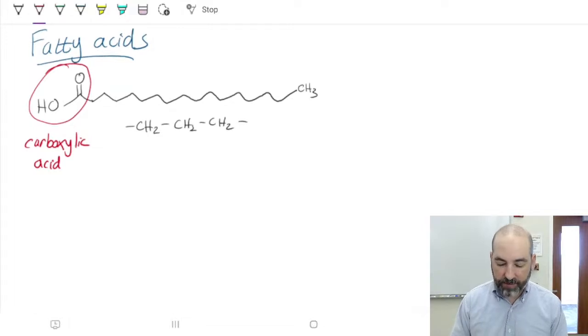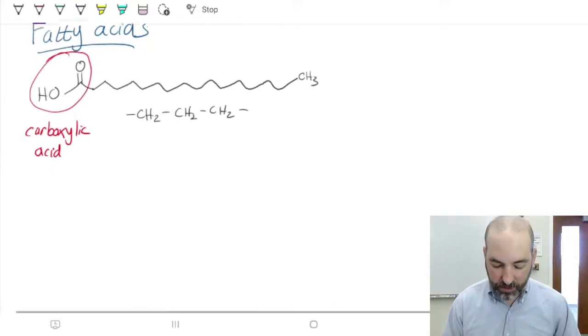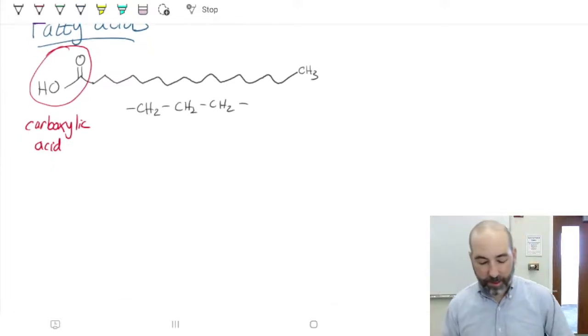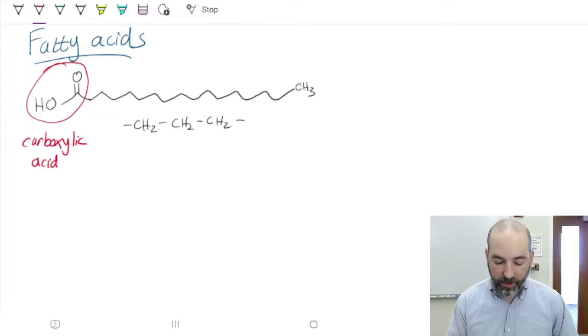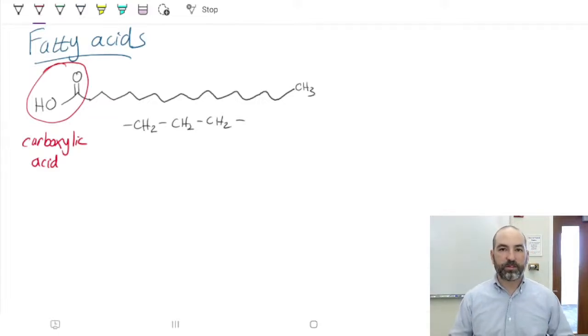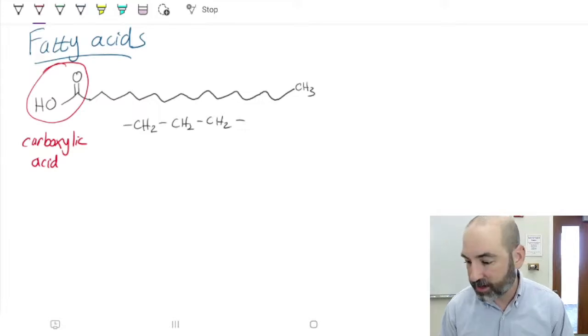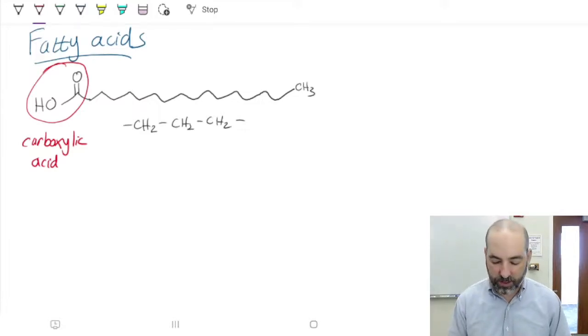Fatty acids are a member of the macromolecules class of lipids. We'll talk about that a little bit more when we get into macronutrients in two weeks. They're all going to have a similar structure with this acid on one side and then the chain of carbon atoms. But there's a couple different ways they can have this structure.